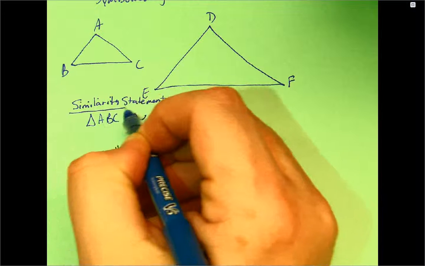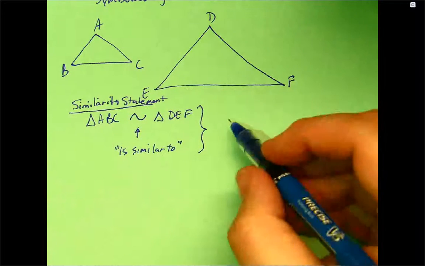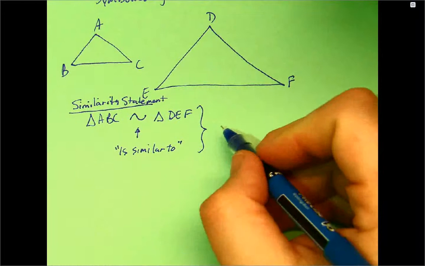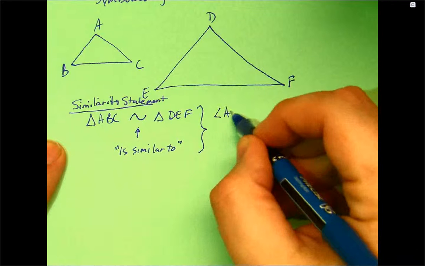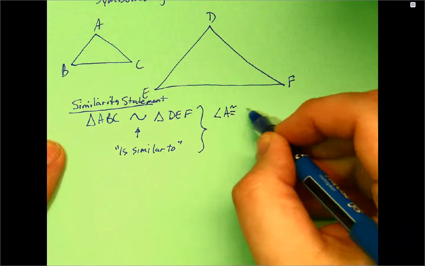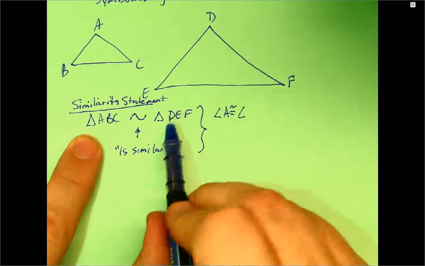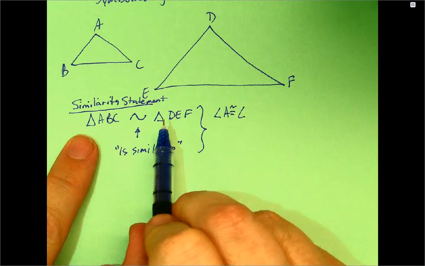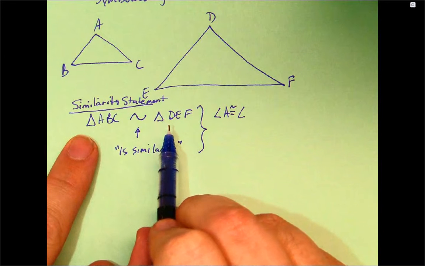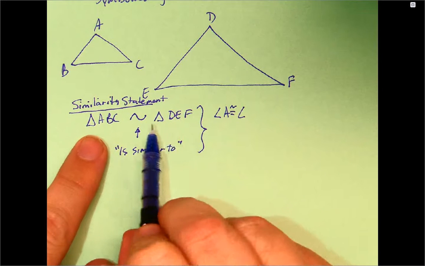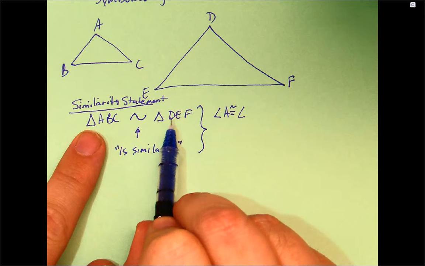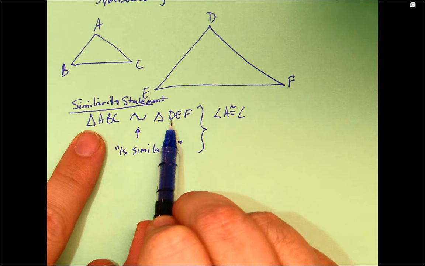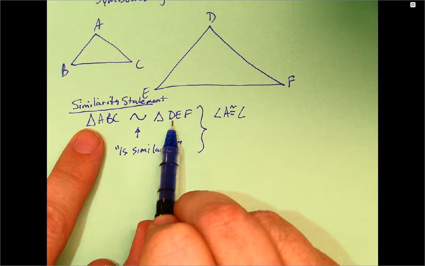What this tells us is angle A is congruent to which angle? It's like a congruency statement, sort of, as far as the angles go. Angle A is congruent to, remember, things go in order. So angle A is congruent to angle D. Angle B is congruent to which angle?